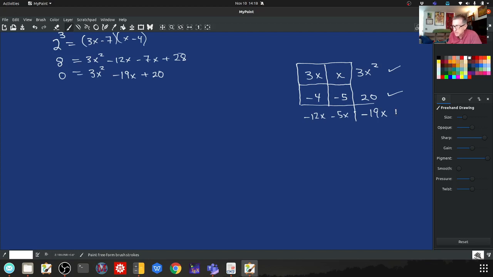Nope, that's not working. Notice it's not 19x. This is equal to minus 17x, and it needs to be not minus 17x but minus 19x. So what if I switch?